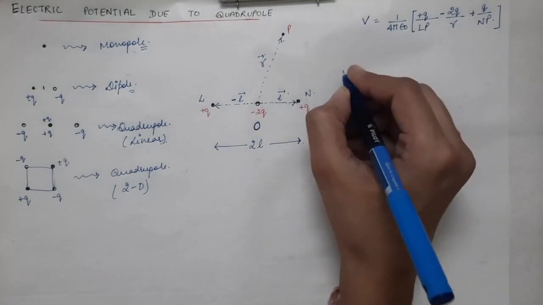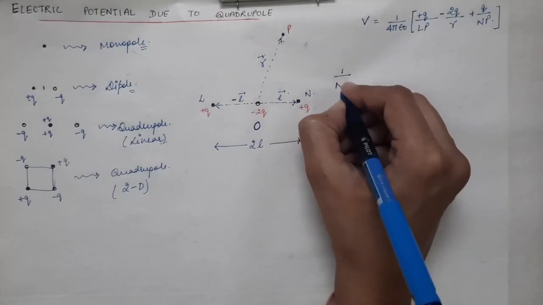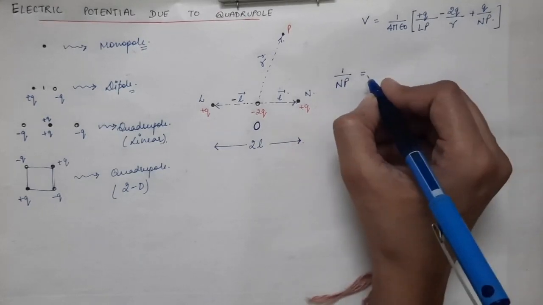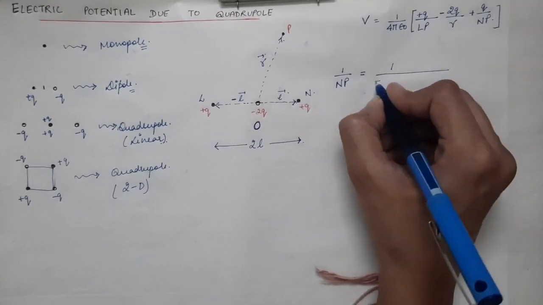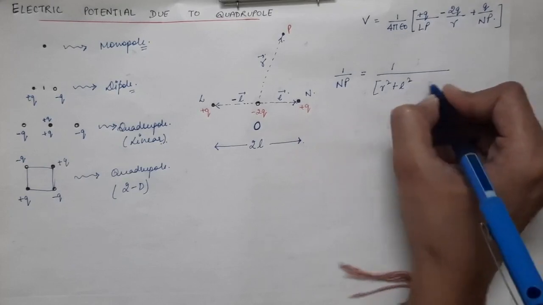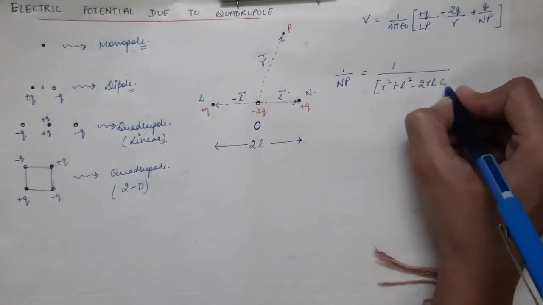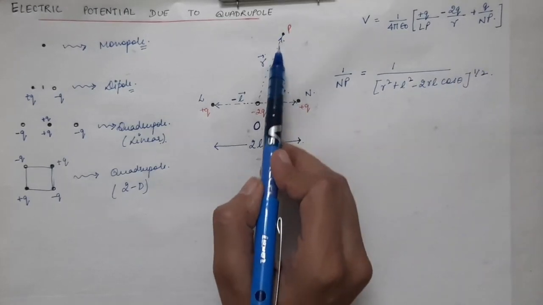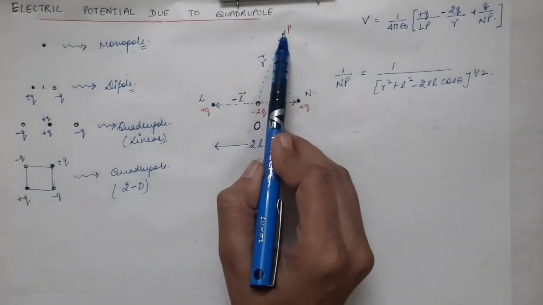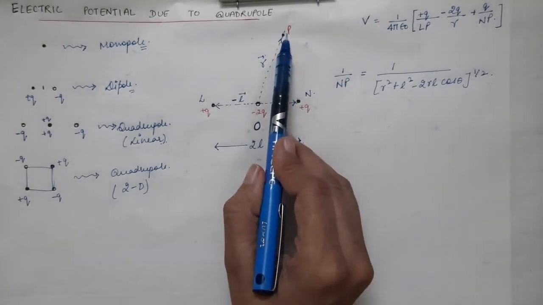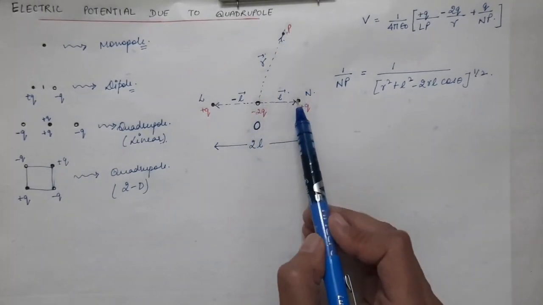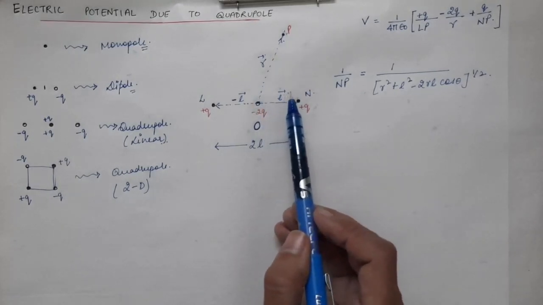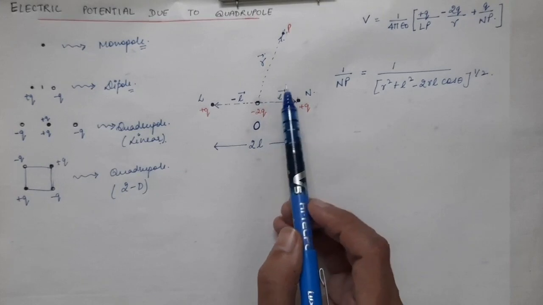So from there we found 1 by NP. 1 by NP came out to be equal to 1 by (R square plus L square minus 2RL cos theta) power 1 by 2. So using this triangle on the right hand side, we will find NP in terms of L and R, and then we will do the dot product of that equation with itself.